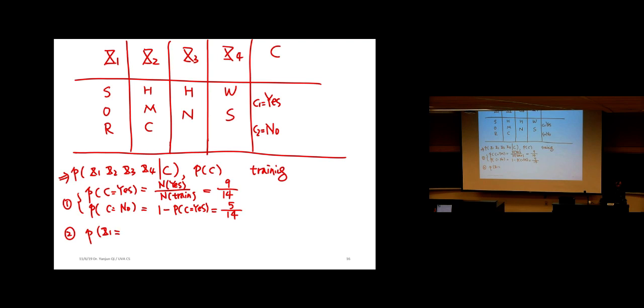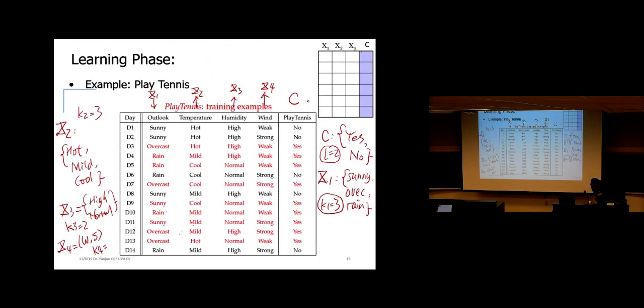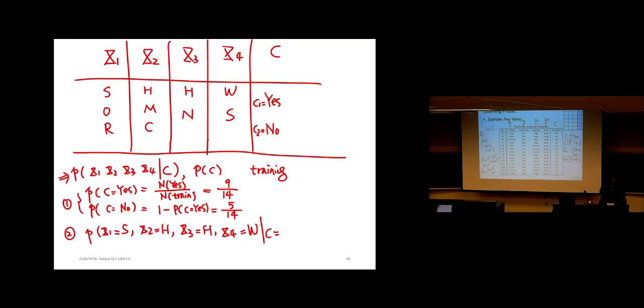Let me give you an example. X1 equals S, X2 equals H, X3 equals H, X4 equals weak, conditional on C equals no. How do you calculate this from the training data?